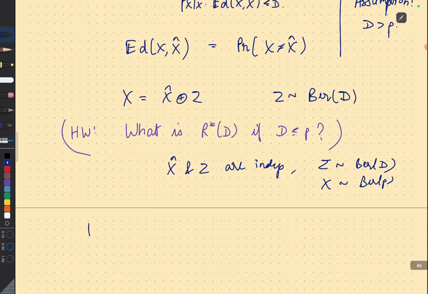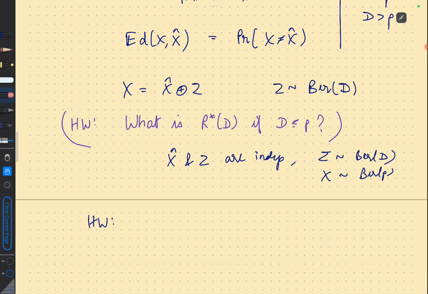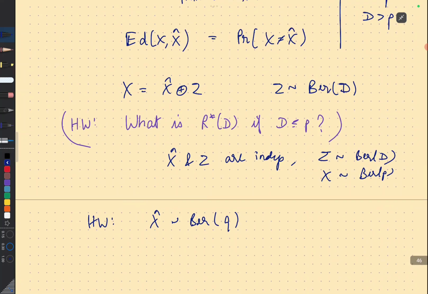So this is another homework. In this case, x hat is also Bernoulli because it's binary. It's Bernoulli q, find q.